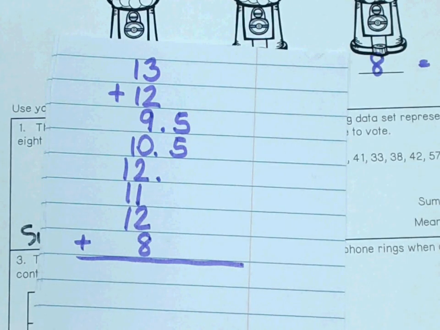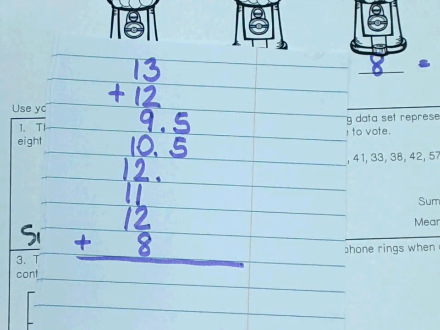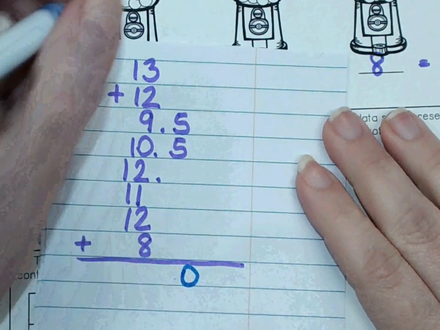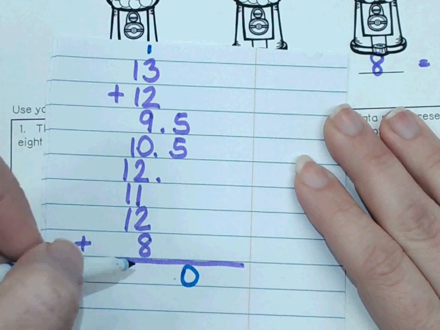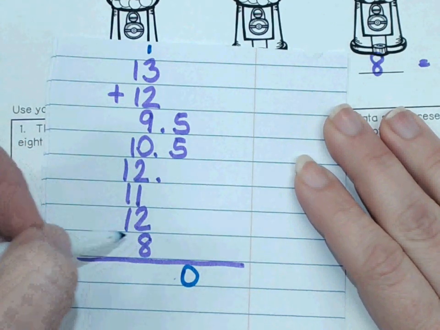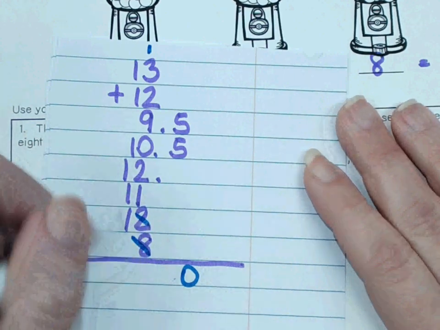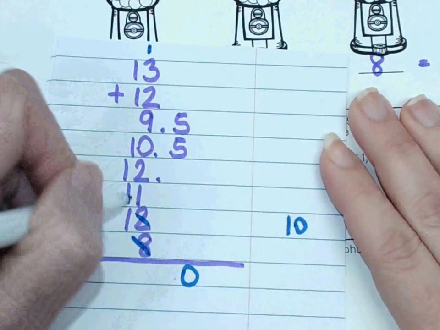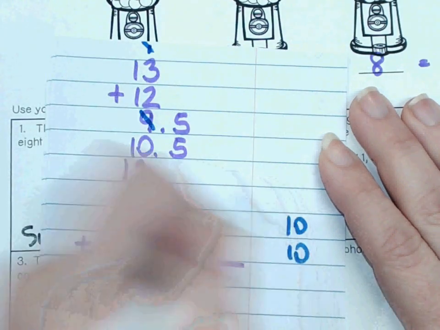I see I have 2 numbers with 0.5. So that would automatically add up to be 1 whole. So let's do that, carry a 1. And then I usually will kind of skip around and look, like 8 and 10, or 8 plus 2 is 10. And then I see that 9 plus the 1 I carried is another 10.